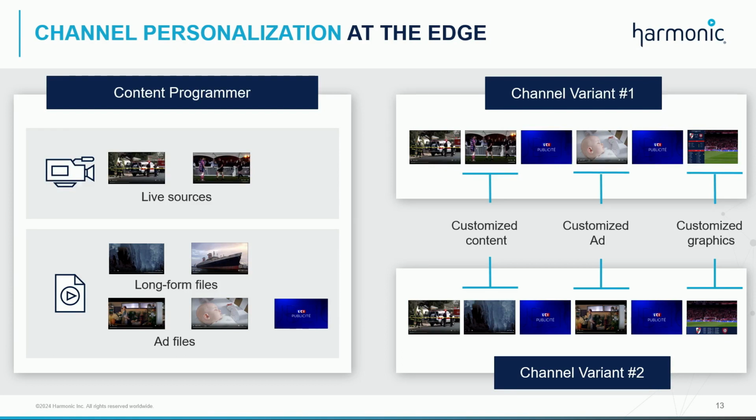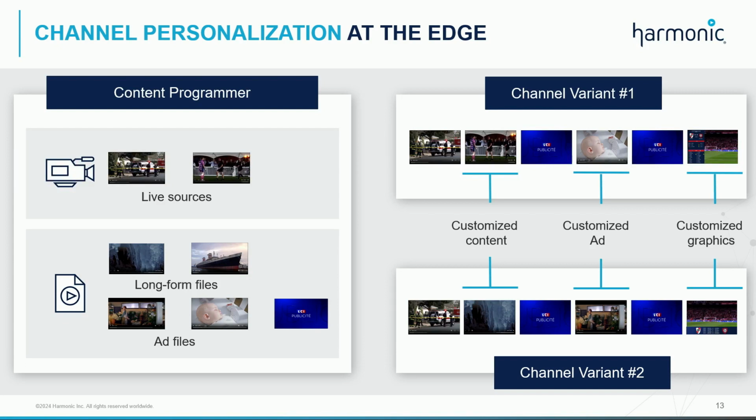Same thing goes with channel personalization. I mentioned that more and more the content distributors want to have the possibility to create their content, but also regionalize it. Having a personalized version of the content is more and more important. It's true for the content itself, and it's especially true for advertisement, because ads are more and more of the essence when it comes to channel distribution.